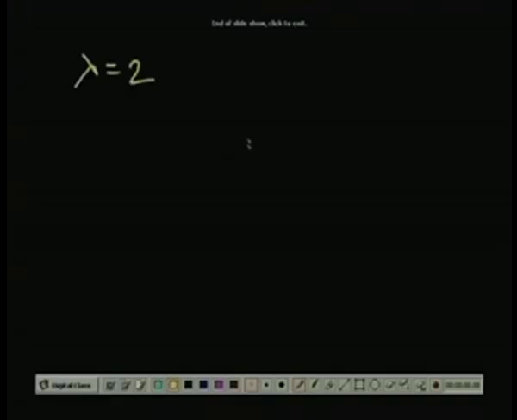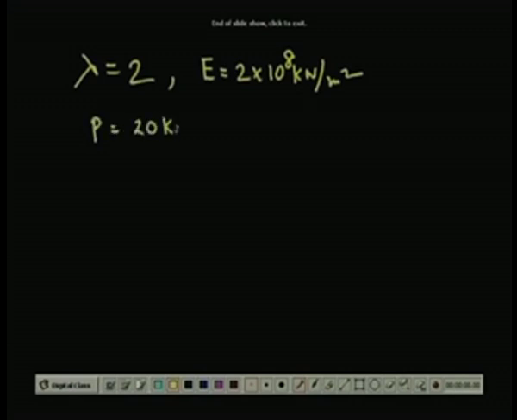Here you see lambda is equal to 2, and E equal to 2 into 10 to the power 8 kilonewton per meter square, P equal to 20 kilonewton, and R equal to 120 ohm.